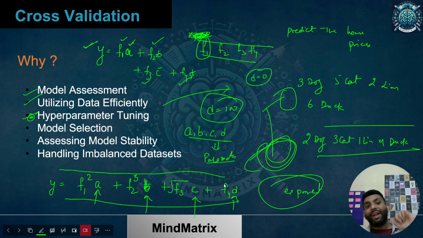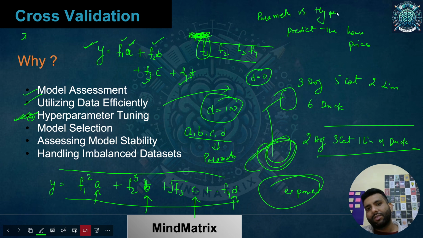To identify the better values of hyperparameters, cross validation comes into play. We have gone into so much detail about hyperparameters for just one topic, that is cross validation. I hope the idea of parameter and hyperparameter is clear.